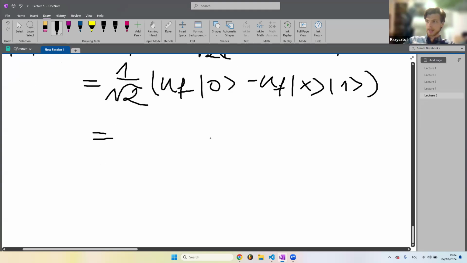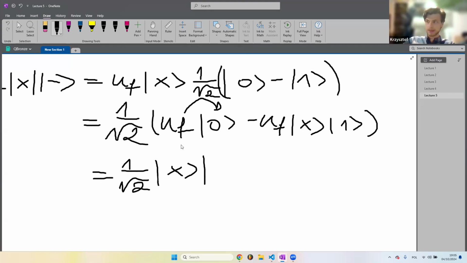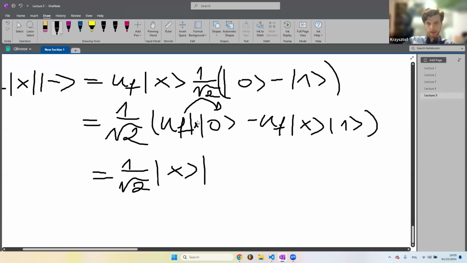So now I can say that 1 over square root of 2 of x. And now this operator applied to 0 will have df. I'm sorry, I missed the x here. So applied to this state will give us state x, 0 plus f of x.